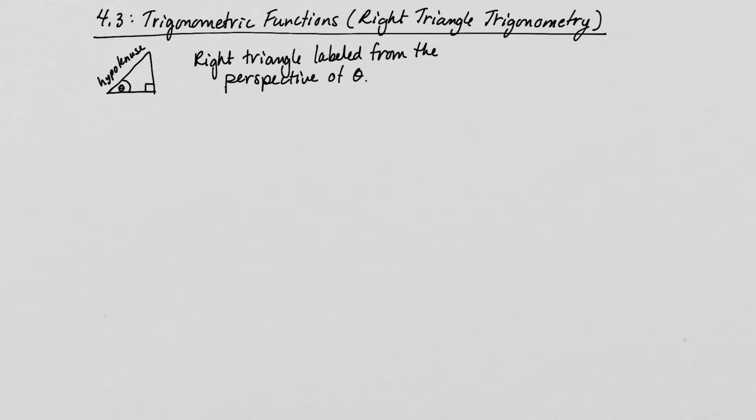Here is my angle theta. Across from the angle, there's a side of the triangle. That side is called the opposite side. And there's a side of the triangle that is touching the angle, and that's the adjacent side.